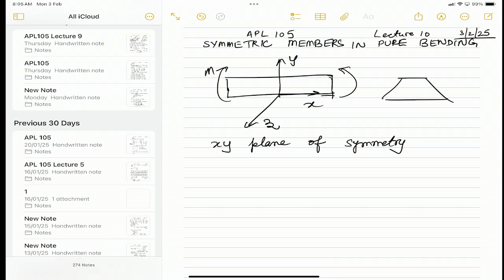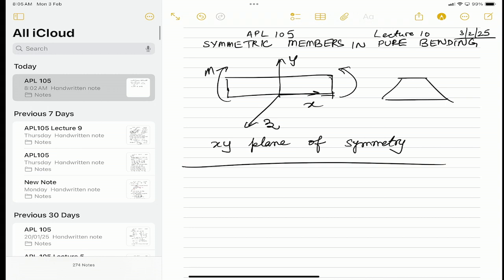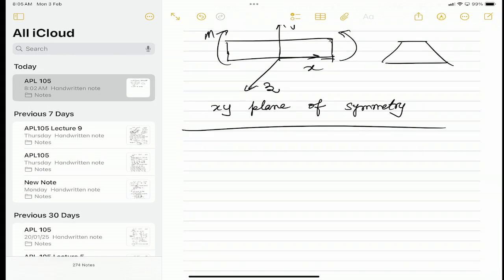So maybe as a corollary, let's write this. So we have a thin member which we call as a shaft, rod, whatever name.